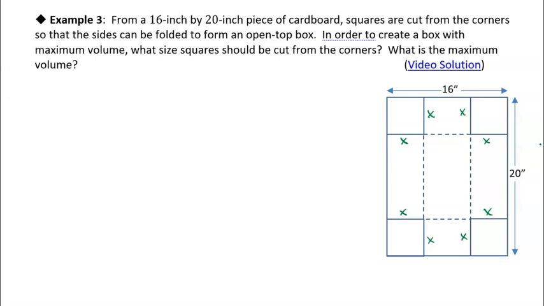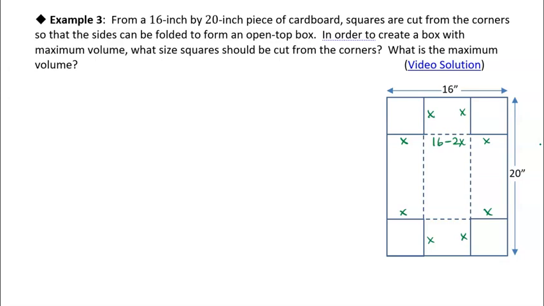Originally this piece of cardboard was 16 inches wide, and we took out squares of length x on either side. So we get 16 minus 2x as the width of the box, once we cut those squares out and fold it up.